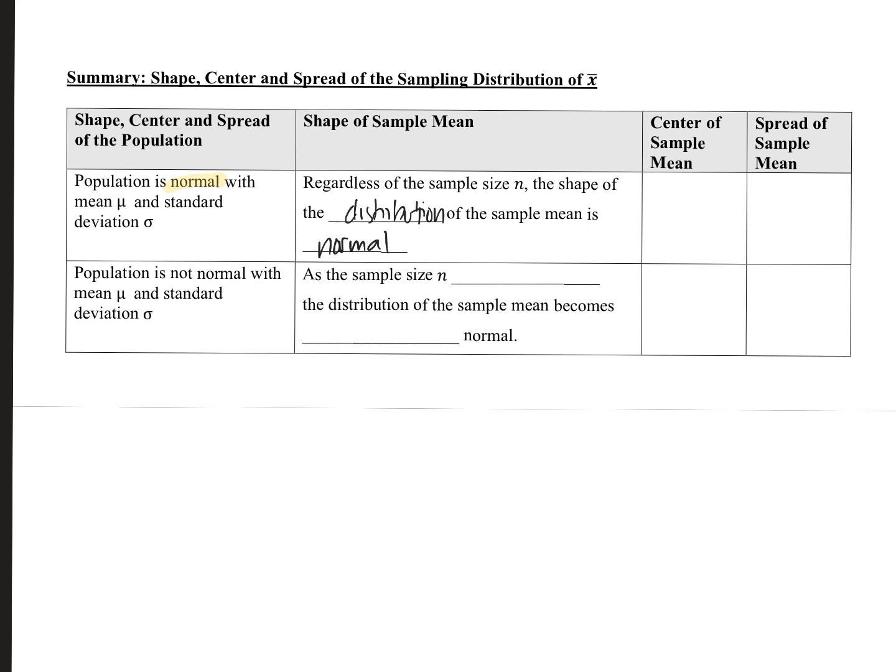So what do we know about the center of the sample mean? It's going to be mu of x bar equals mu, and sigma of x bar is going to equal sigma divided by the square root of the sample size. Next, if the population is not normal with mean mu and standard deviation sigma, even though it's not normal, we know that as the sample size n increases, and remember we want n to be greater than or equal to 30, the distribution of the sample mean becomes approximately normal.